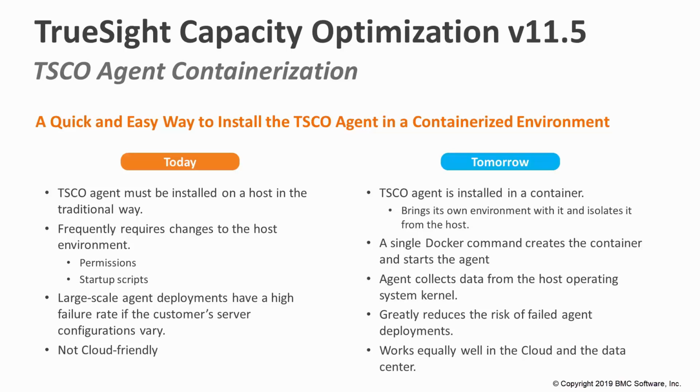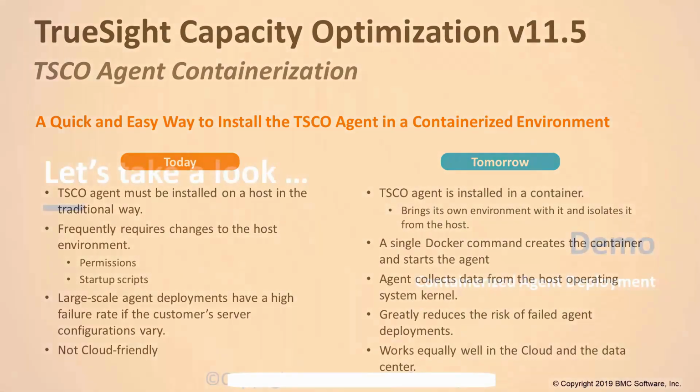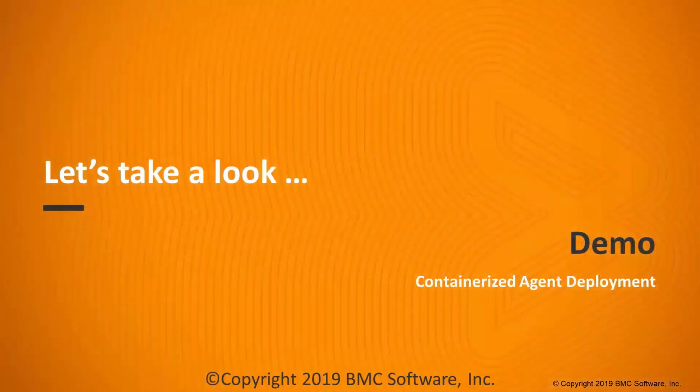So you're running the agent in a way that it still has visibility into the process space on the container host. It reduces the risk of failed deployments, and it's equally comfortable in the cloud and in the data center. So at this point, I'm going to go into a demonstration, and I will share my desktop.